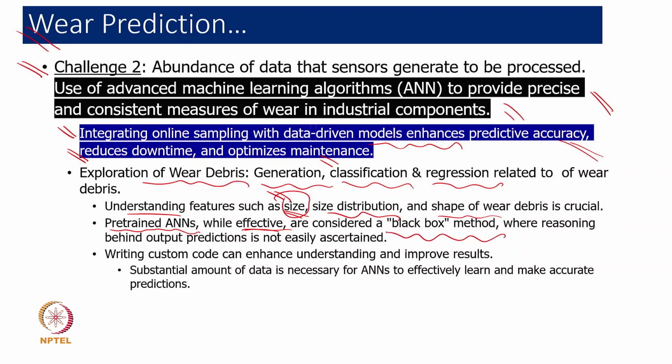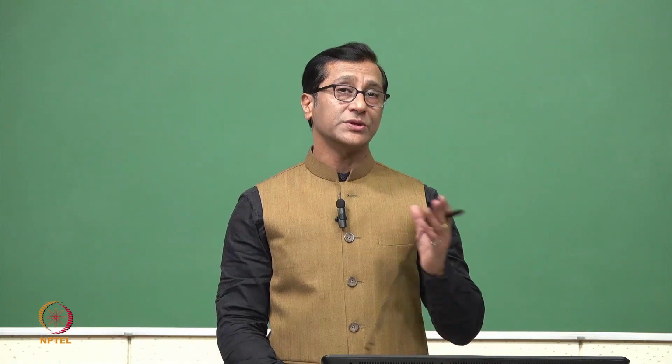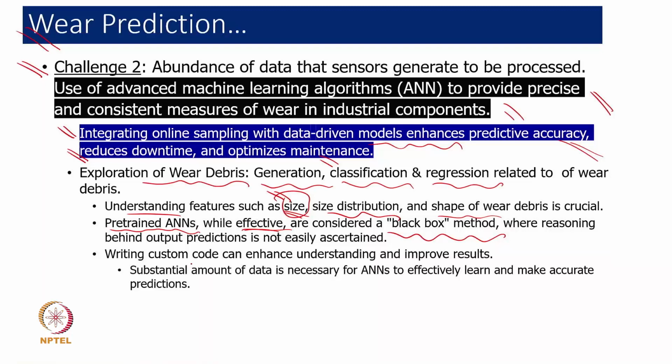Mostly, pre-trained ANNs are more like black boxes. We are not able to really understand much, but once it is established, we can utilize it for our experimental results. But if we are not very clear, then we need to write some sort of custom code to understand and improve the results. Once everything is clear, then we can go ahead with the pre-trained ANN models.